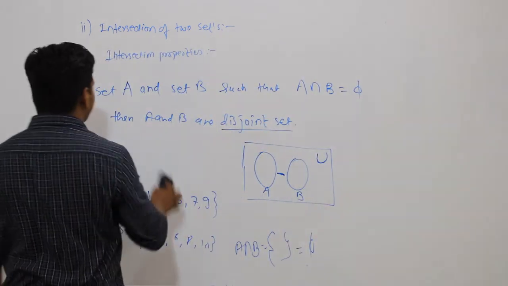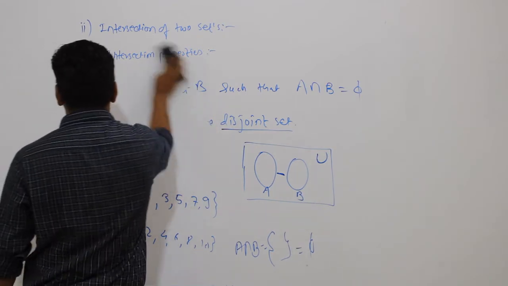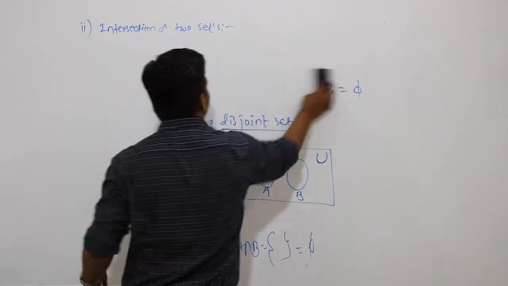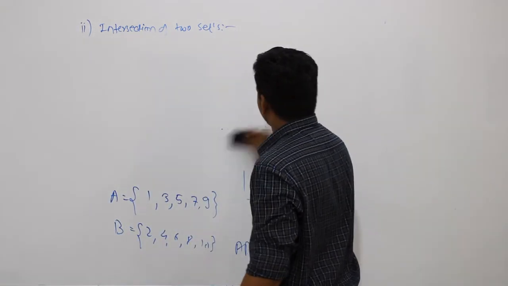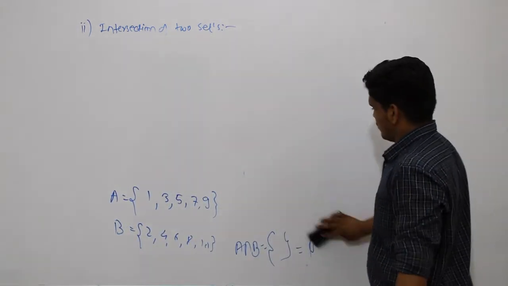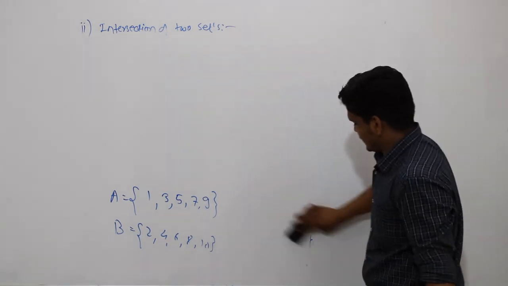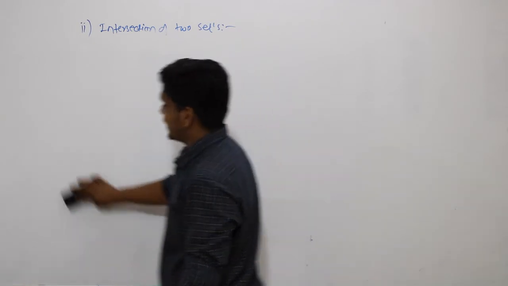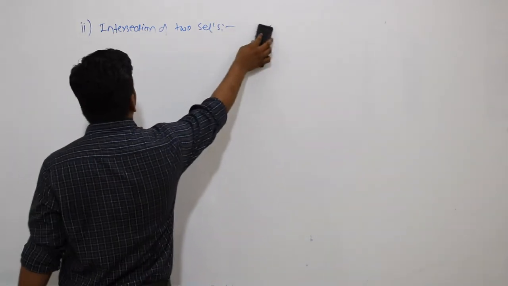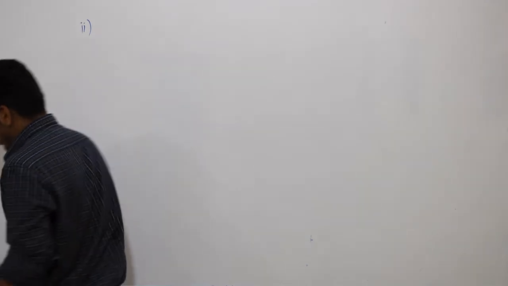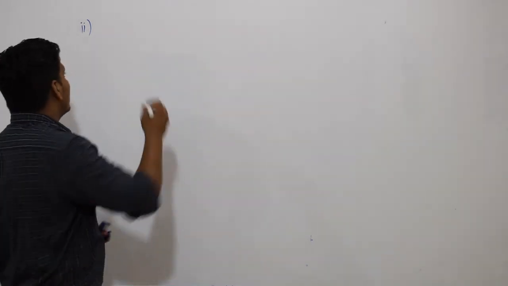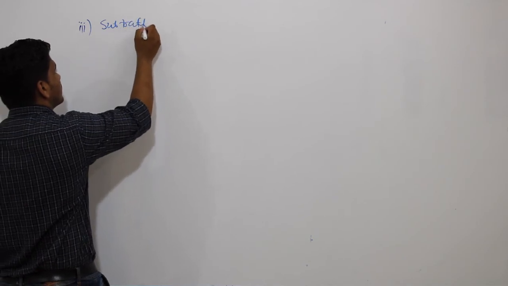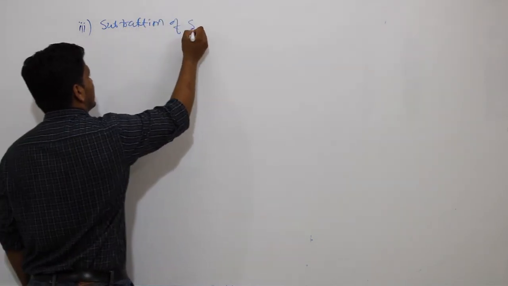Now we will see the next operation on sets. It was the intersection of A and B. Now the next operation is nothing but subtraction of sets.